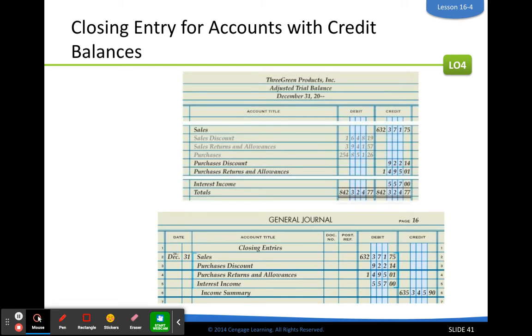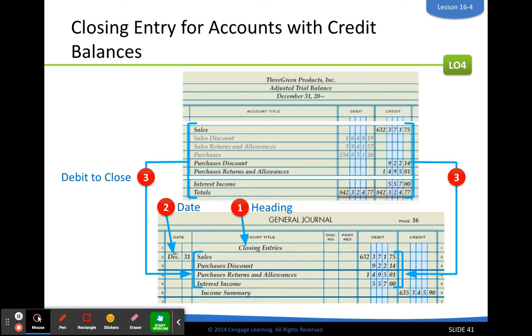So for our first closing entry, you'll see up at the top here we have our heading, closing entries, always the last date of the month. And then all of our accounts that have credits in our adjusted trial balance, these 4 credit balance accounts, in order to close out or zero those out, we need to debit them.